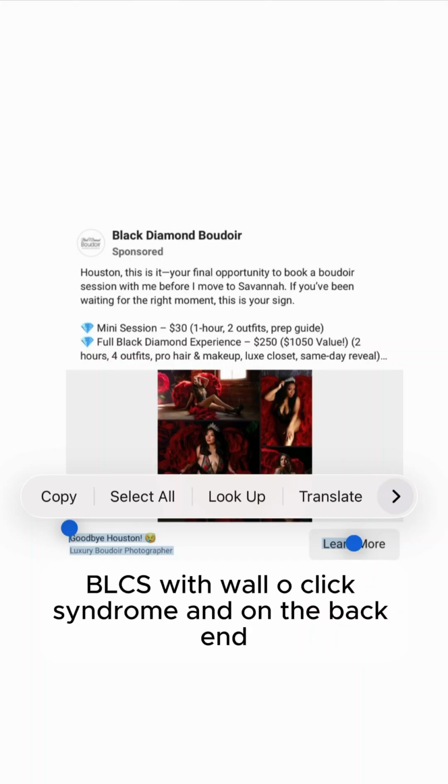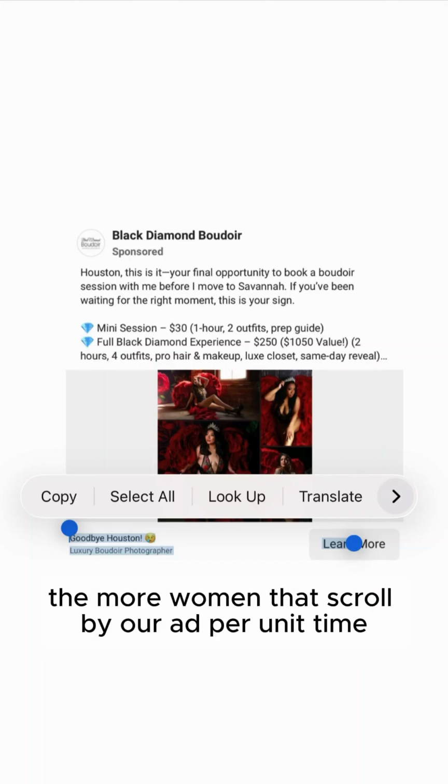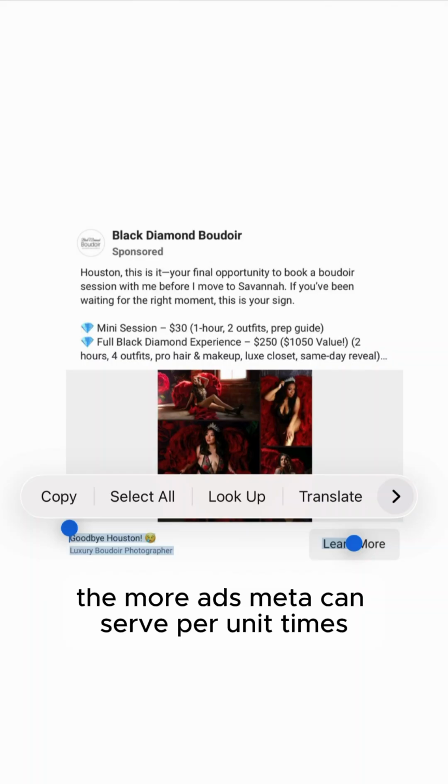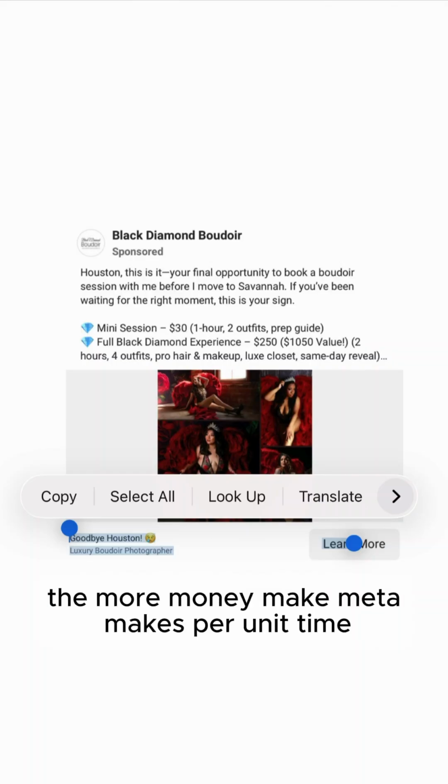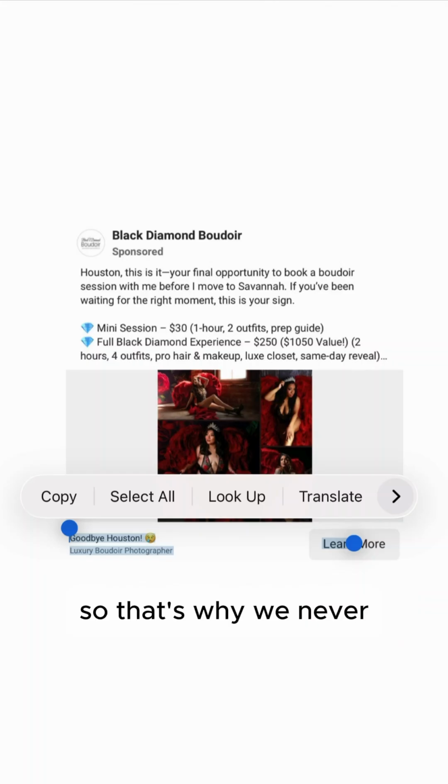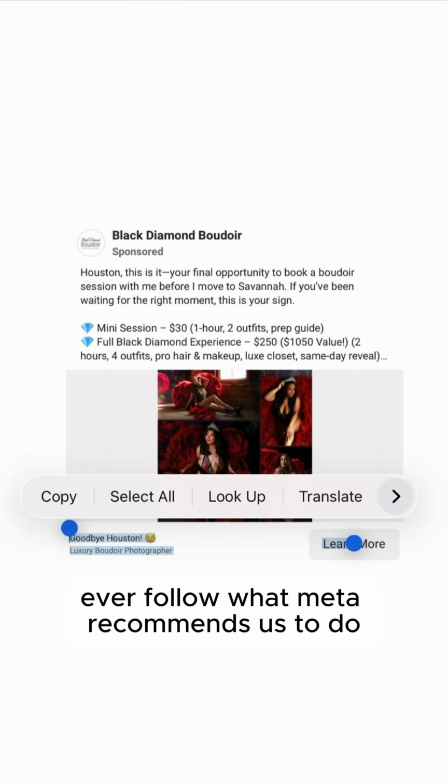And on the back end, the more women that scroll by our ad per unit time, the more ads Meta can serve per unit time, so the more money Meta makes per unit time. So that's why we never ever follow what Meta recommends us to do.